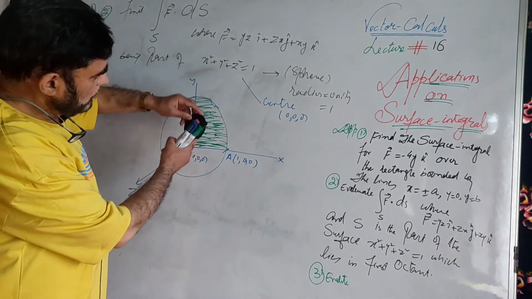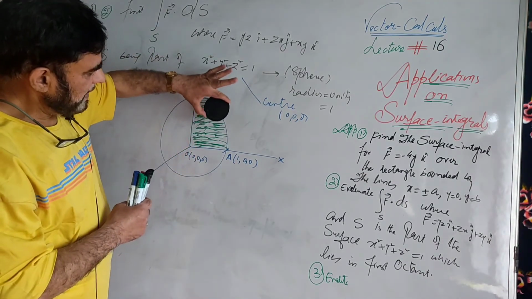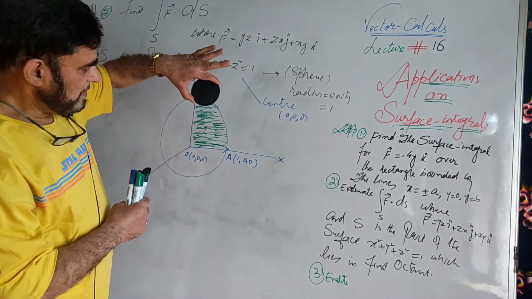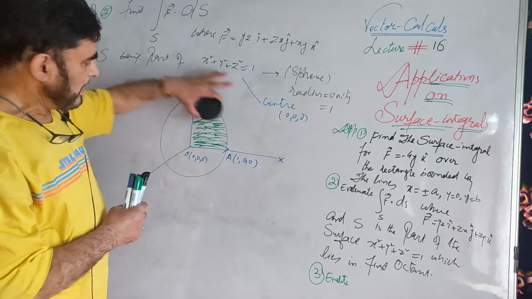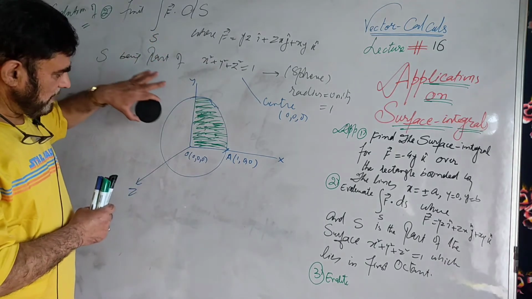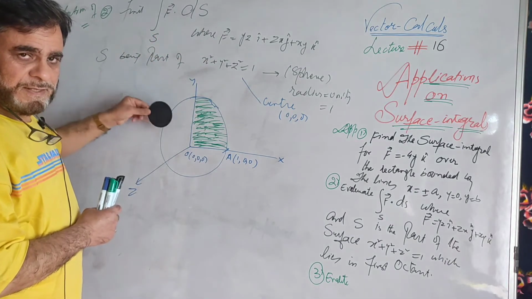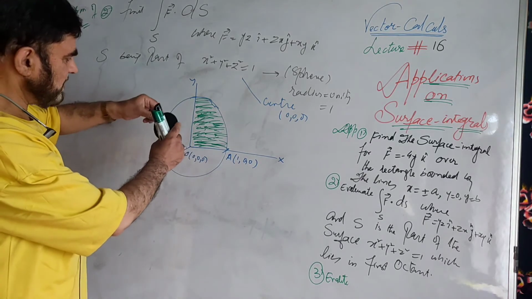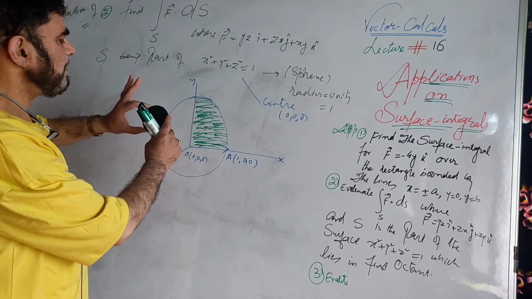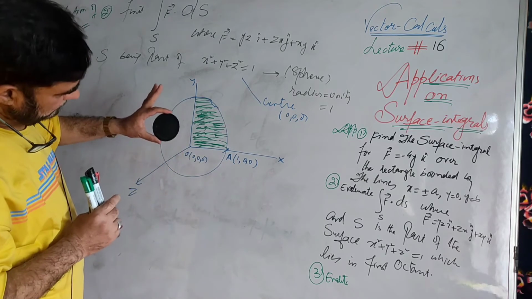This sphere does not lie fully in the xy plane. If it is parallel to or lies in the xy plane, then you will project the full part.